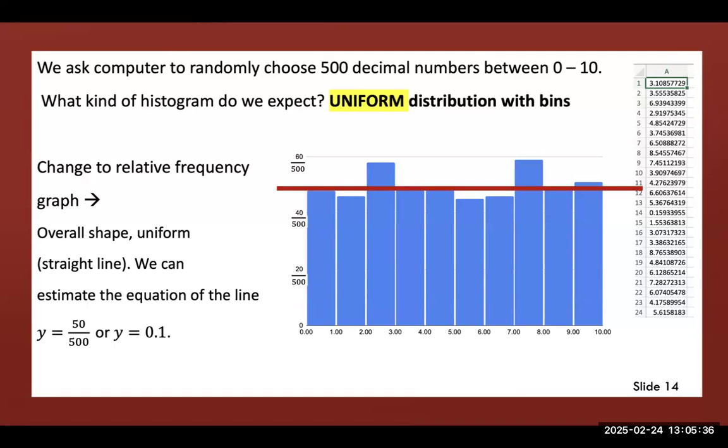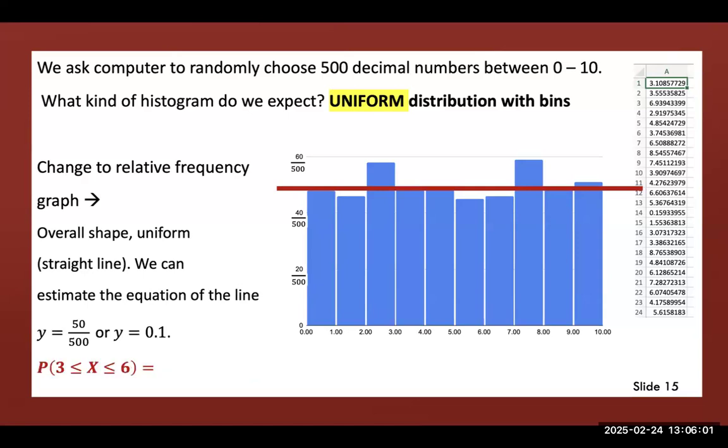So this line kind of represents my data. When we create a line that represents the data, we can estimate probabilities by finding the area under that line. Or if you have a different shaped distribution, if you can find the equation of the curve that describes the distribution, you can estimate probabilities by finding the area under the curve.